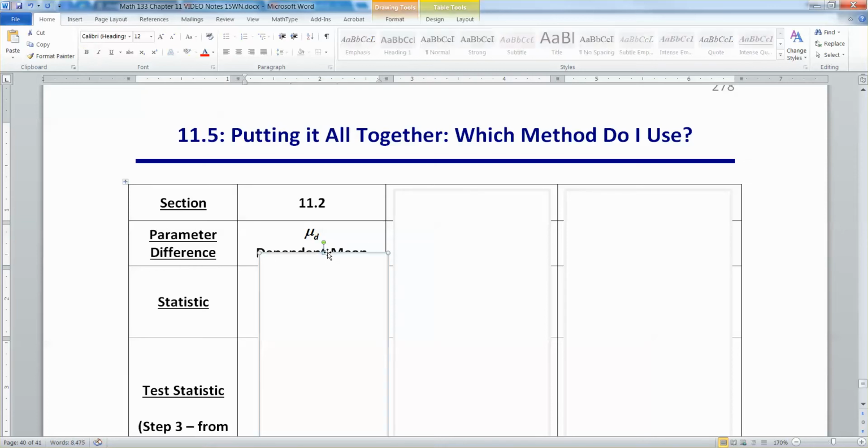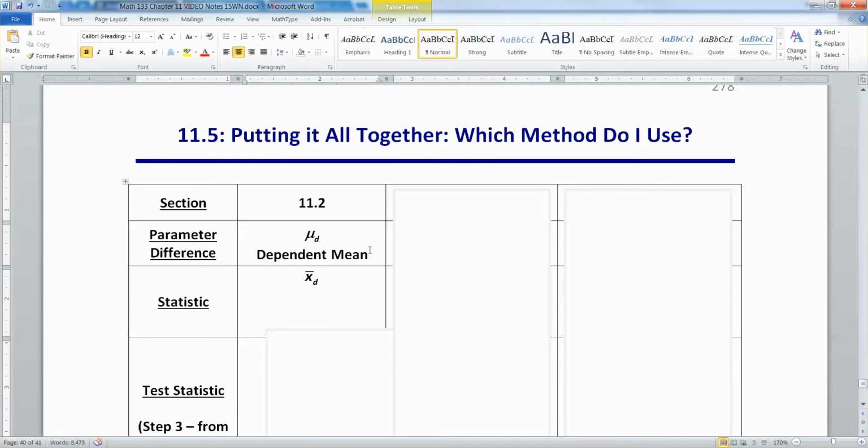So if it's dependent means, that was section 11.2. The test statistic for that was the x bar for d, right? Which was the sample difference. Remember, this is the section where you find the differences first, and then you find the mean for those differences.